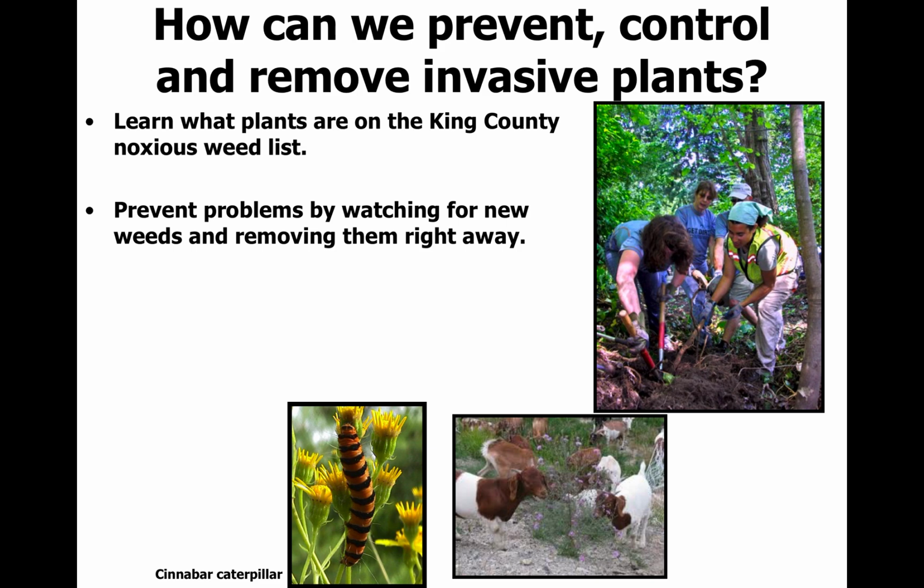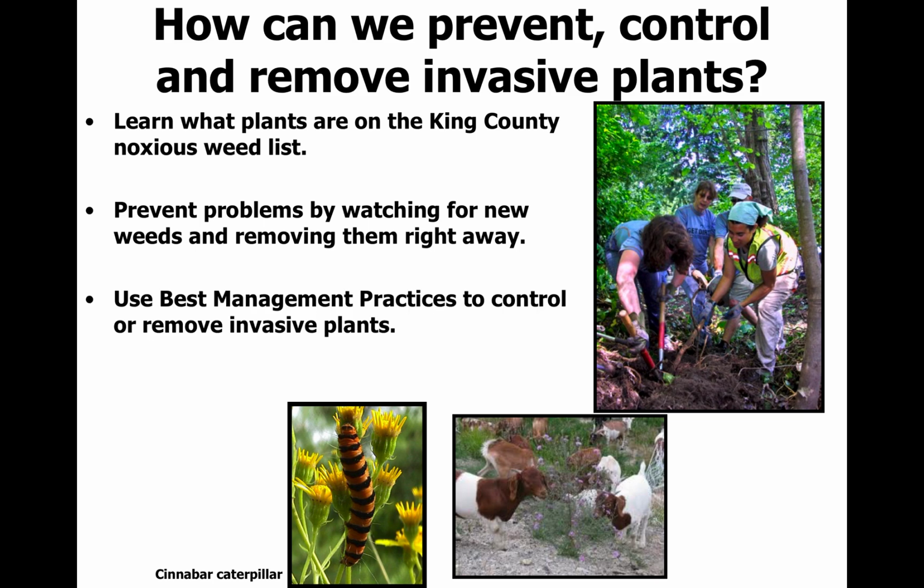You could also be working in your own spaces. If you have a yard in your home, you can look at what kinds of noxious weeds you might have. Maybe you have an old tree in your backyard that's covered in English ivy and you want to remove it. Use best management practices to control or remove invasive plants. So you're definitely going to want an adult before you start pulling up plants, because we don't want to harm the ecosystem more by trying to help it. So we want to be really well-intentioned and well-informed before we try to help control this problem.